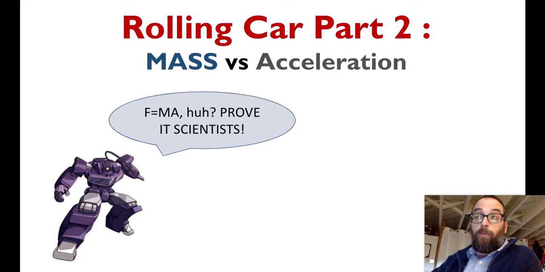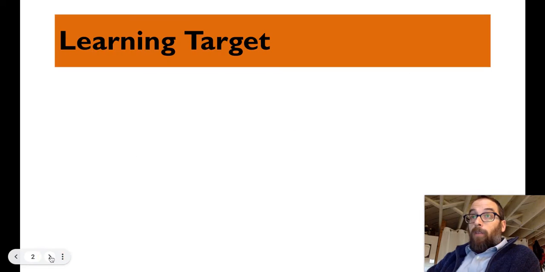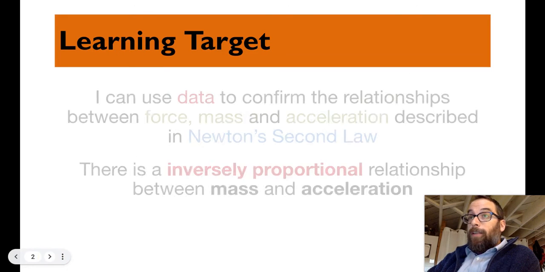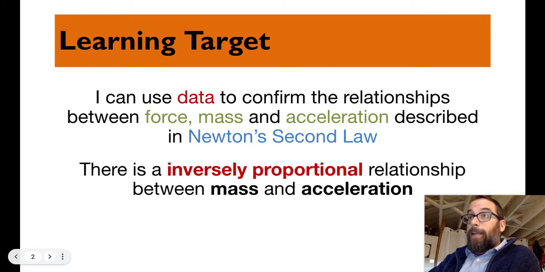In this video, I want to show you how to collect the data you need to confirm the second part of Newton's second law of motion. Remember, our learning target is using data to confirm the relationships between force, mass, and acceleration described by Isaac Newton in his second law.